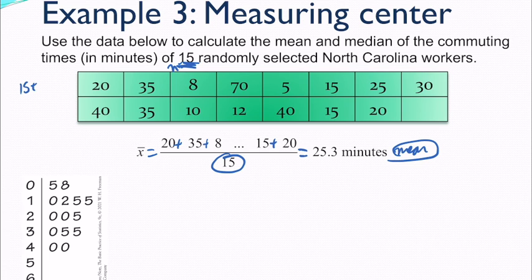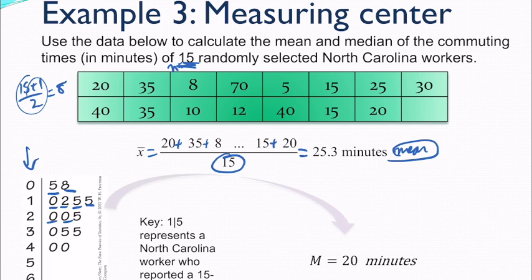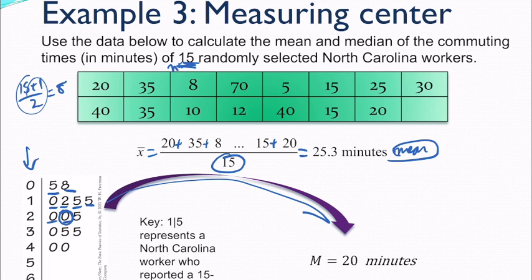I could have taken (n + 1) divided by 2, which would tell me 8, but if I wasn't certain, I count 1, 2, knowing that this is not part of my data value, right? It's just the stem. 3, 4, 5, 6, 7, 8, right? And we know how to interpret this. So this right here is my median. That means my median is 20 minutes. So that's pretty close to my mean, but not quite.